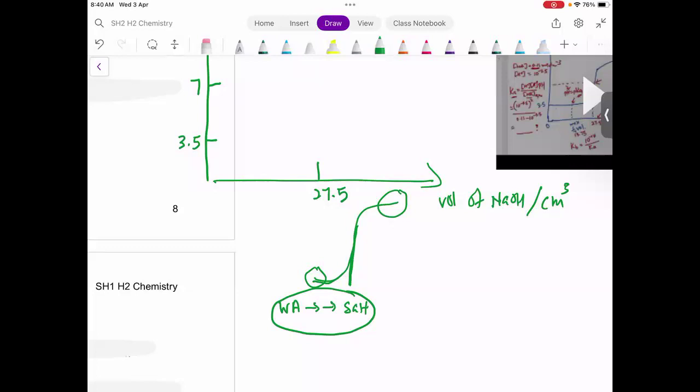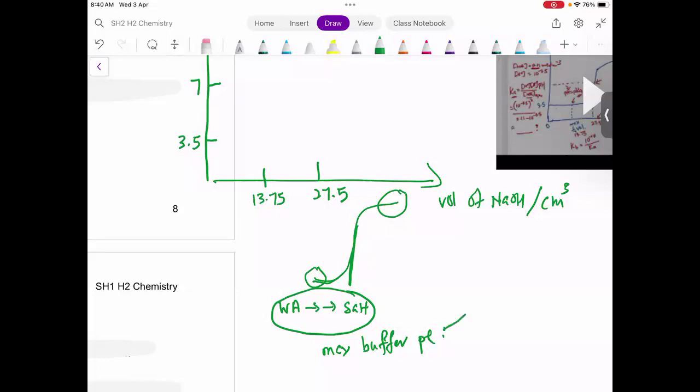It's a buffer region. What we are interested in is the maximum buffer point. So where is this maximum buffer point? Half of the equivalence volume. So that will be 27.5 halved, which is 13.75. So at 13.75, I'm going to have a max buffer.